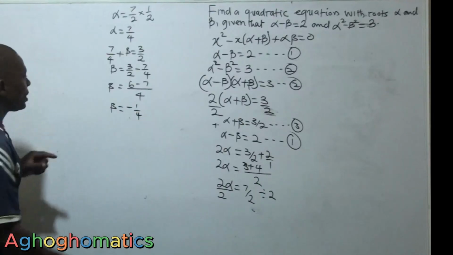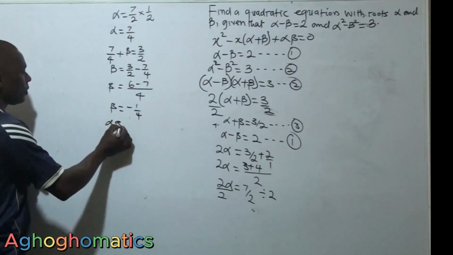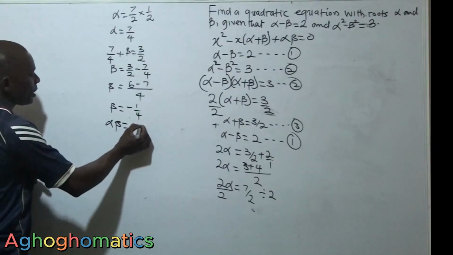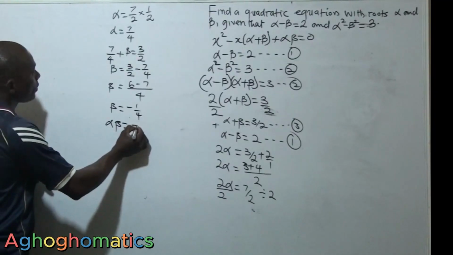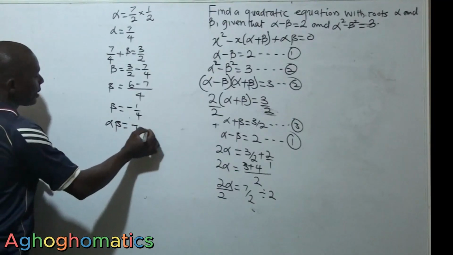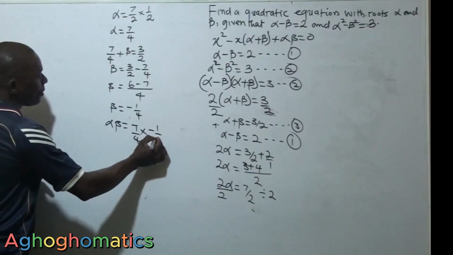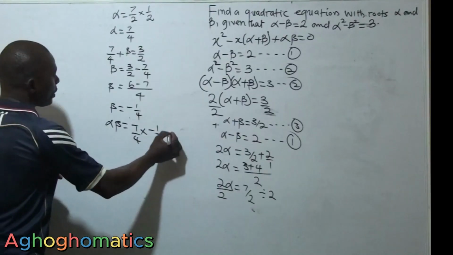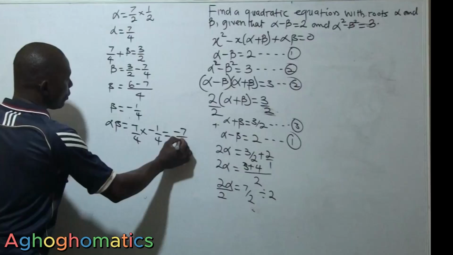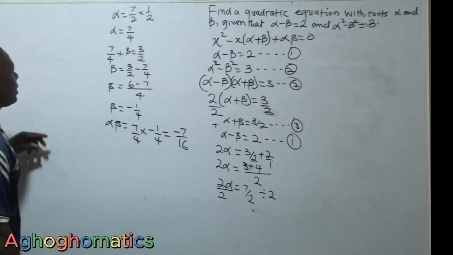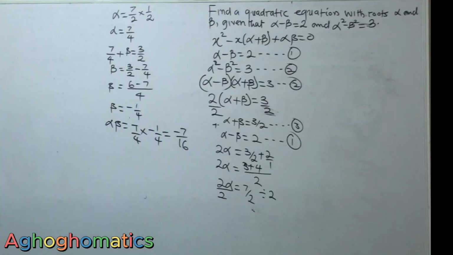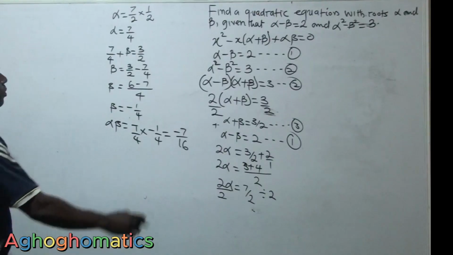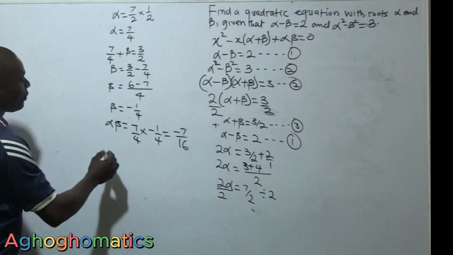Okay, so let's find alpha beta, which is the product of the roots, which is 7 over 4 times negative 1 over 4, and that gives minus 7 over 16. That is the product of the roots. So from here we can now substitute them into the given formula.